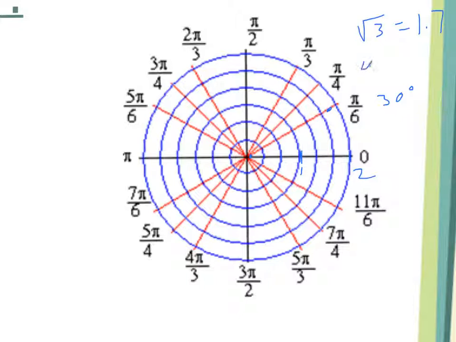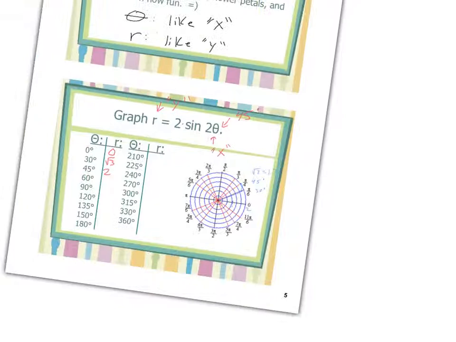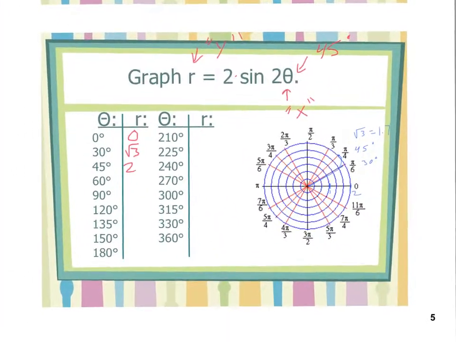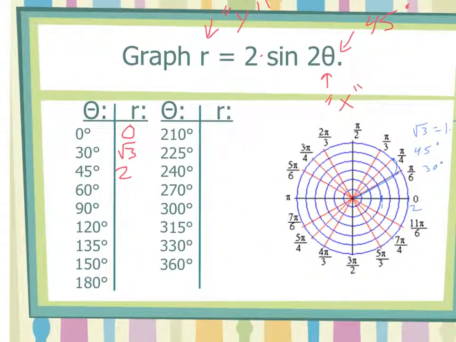And then when I put in 45 degrees, I got an r value of 2, and I would start to connect these, like this. You'll see all kinds of funny shapes. This one ends up looking like a flower petal, 4 different flower petals. So finish that one off, and every single one would be the same way. The key is to just kind of take it one at a time.